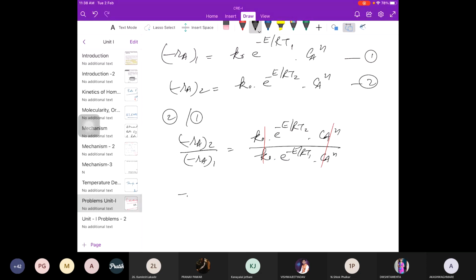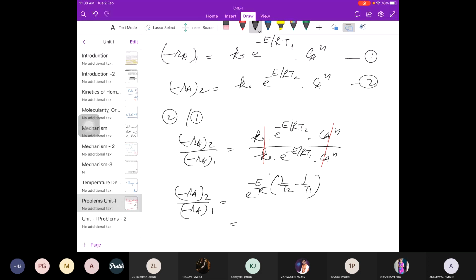So I get, ठीक है. So I can substitute these values.